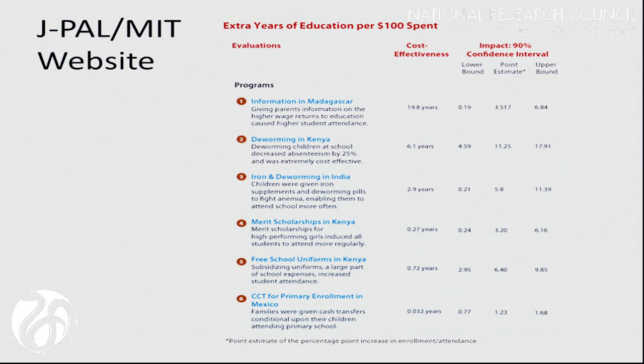And the range is huge, from about 20 years to 0.03 years, looking at different interventions: providing information, deworming, conditional cash transfers for primary enrollment in Mexico. And the apparent intent is to provide guidance for some minister of education or finance, say in Bolivia or Chad, about what interventions look most promising.